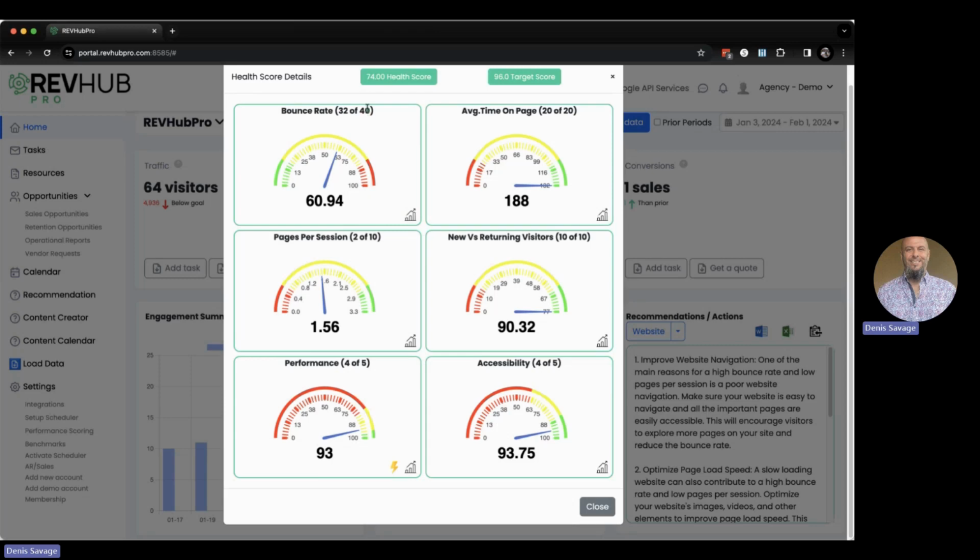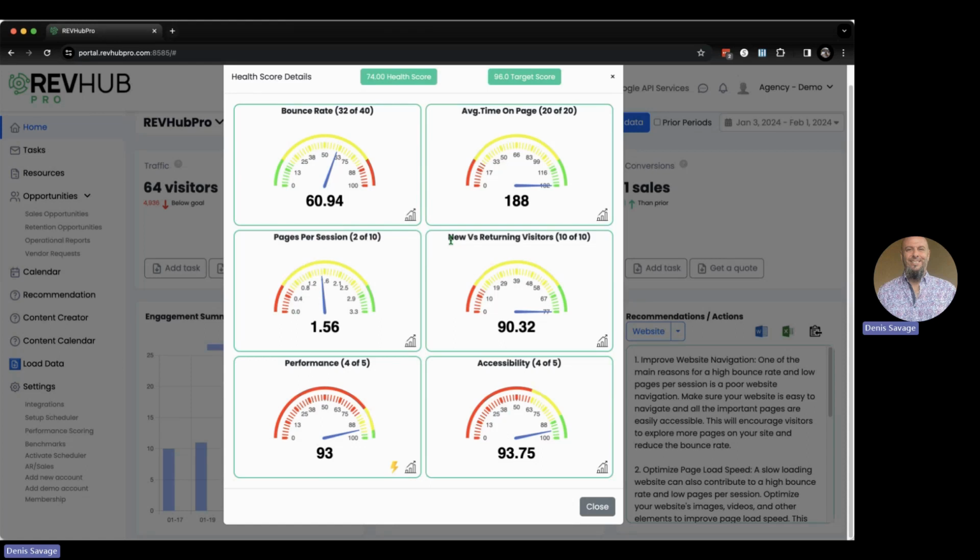So our 40 here on our bounce rate, we have a little performance scoring and benchmark section here. And we can edit some of these categories to make it more beneficial for you and what your client wants to achieve. So those target scores being adjustable, they allow us to see those incremental improvements over time so we can easily visualize and measure.